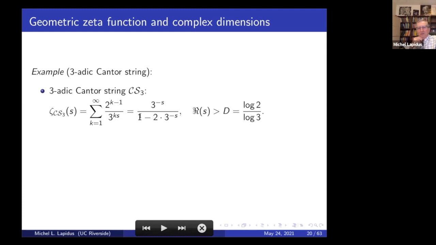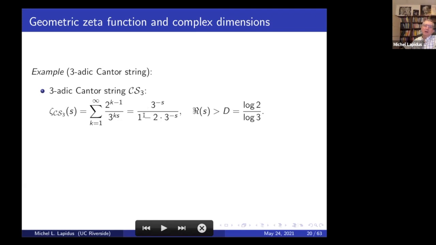Now, what are the complex dimensions? They are the poles of the meromorphic continuation of this zeta function. Now, this computation was valid only for real part of s greater than D. But then you can see that the end result, not the middle equality, but the end result, is a meromorphic function in the whole complex plane. Therefore, this is the value of the zeta function, meromorphically continued to the whole complex plane. So here you have no ambiguity in defining the complex dimensions. They're all visible.